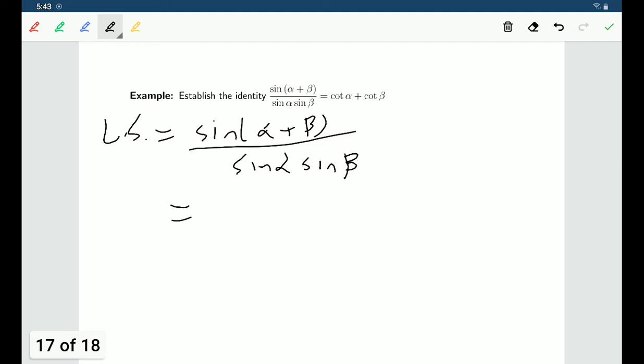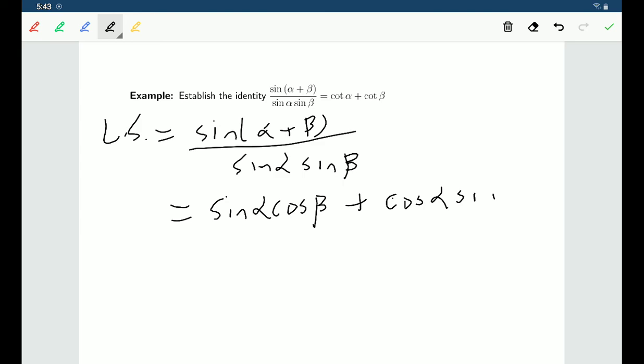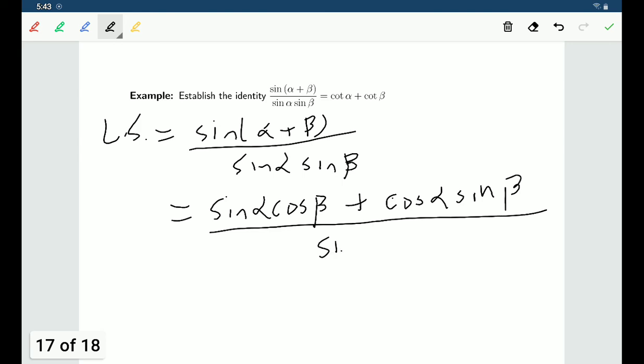Sine of alpha plus beta is sine of alpha cosine of beta plus cosine of alpha sine of beta, all over sine alpha sine beta.